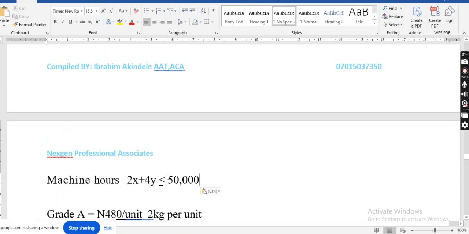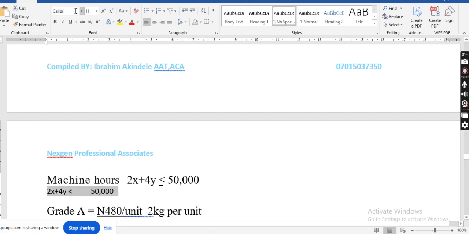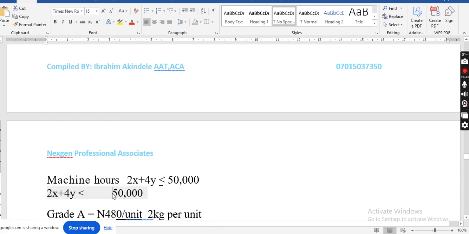So this will be equal to 0, 2x. So this will be equal to 0.